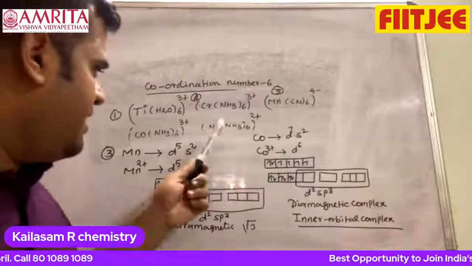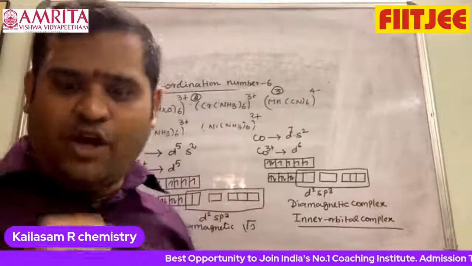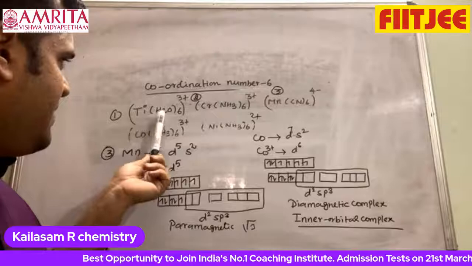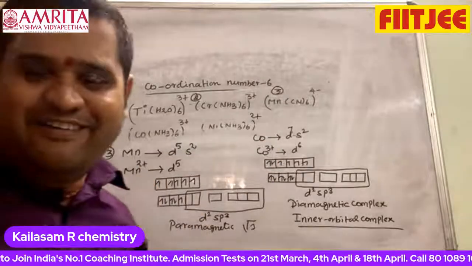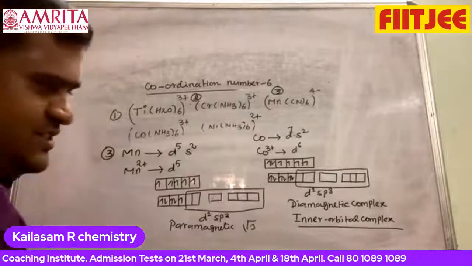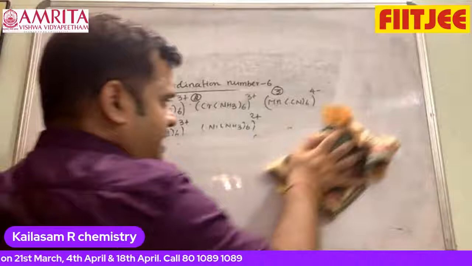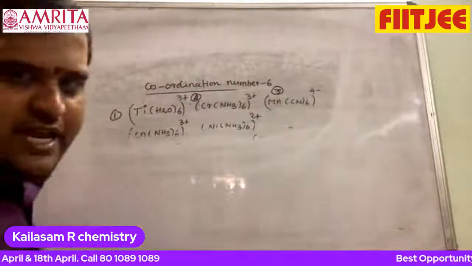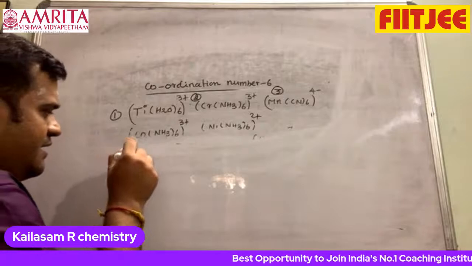Now the last one, Ni, that means 1, 2, 3, 4. The first 4 I say are inner orbital complexes. I can say these are paramagnetic, paramagnetic, paramagnetic, and the last is diamagnetic. And the last one, look at this now. Ni(NH3)6 2+.